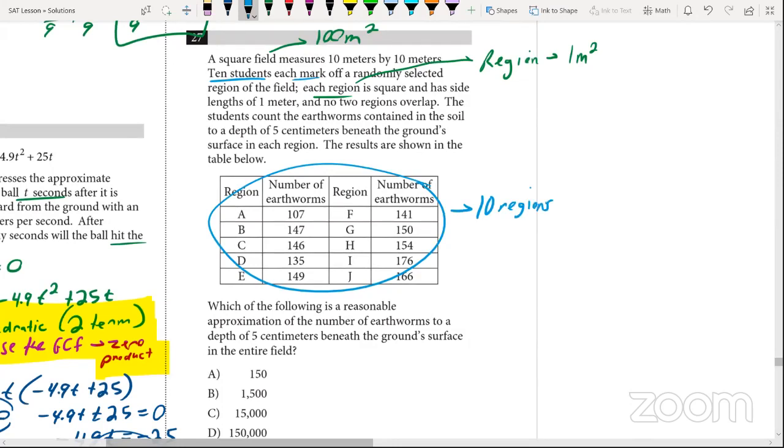So the question is saying, how can we approximate the number of earthworms in the entire field? So 10 regions gave us how many? Let's just add up 107 plus 147, and all these numbers, 146, 135, 149.